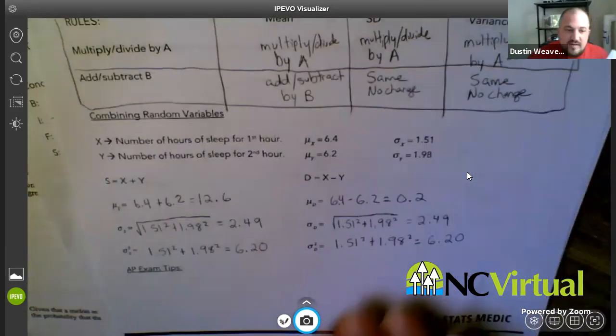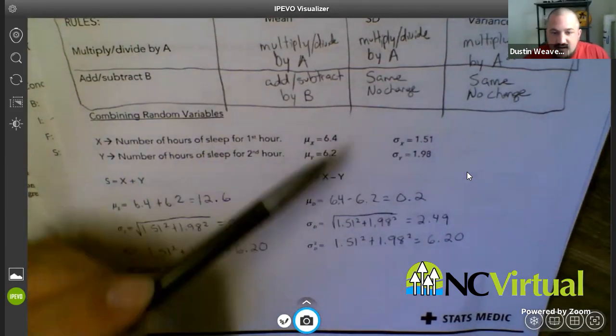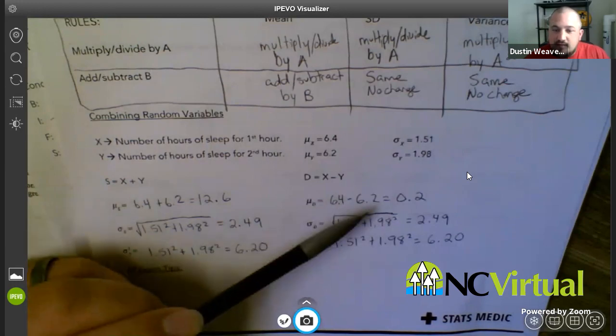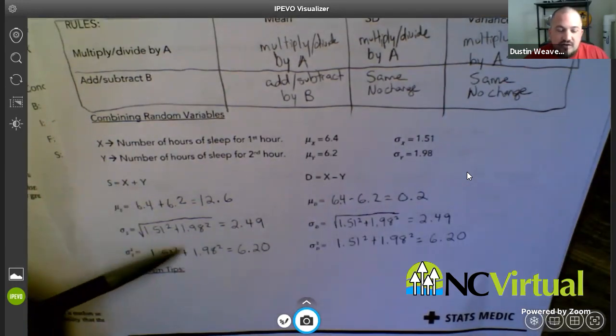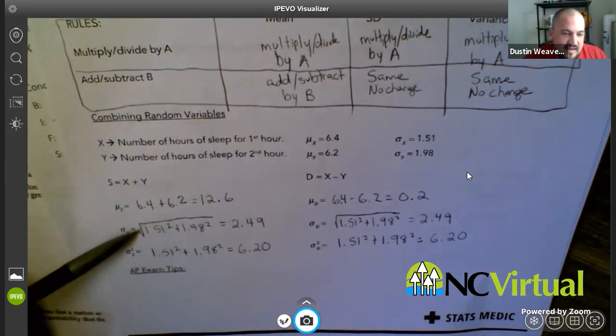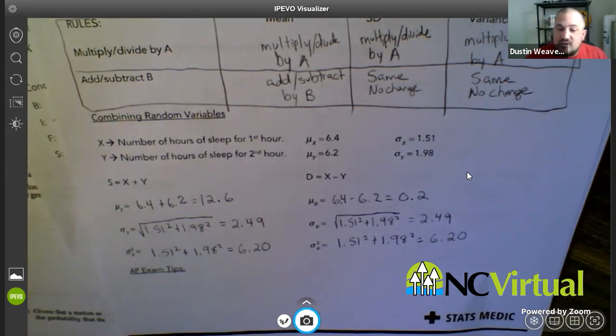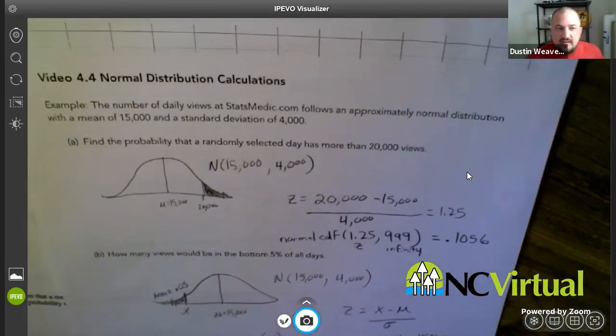Combining random variables, if you add, then obviously you're going to add the means together. If you subtract, you're going to subtract the means. But with your standard deviation and variance, you're always going to do the same thing. You're going to take your variances and add them together, and for the standard deviation, you would just take the square root of that. So it doesn't matter if you add or subtract, you're always adding down there.